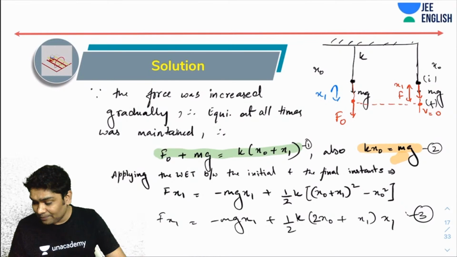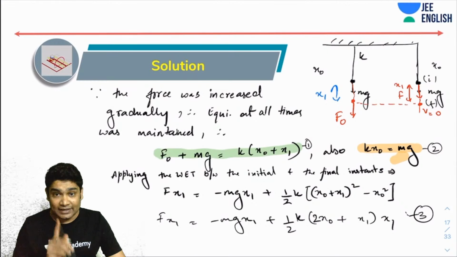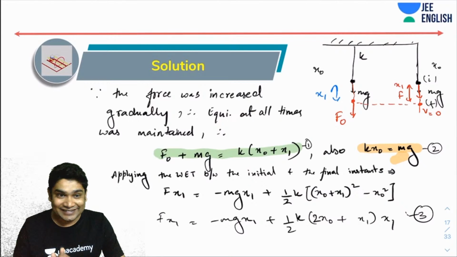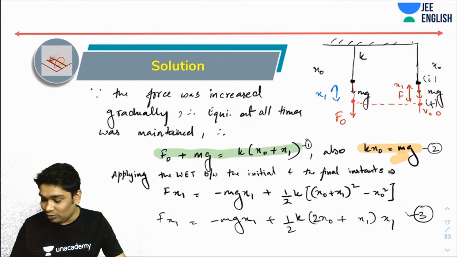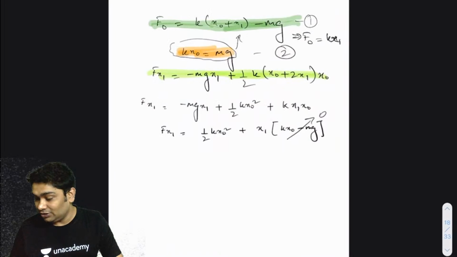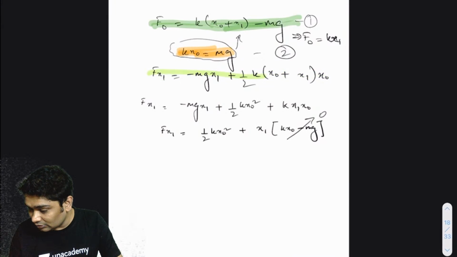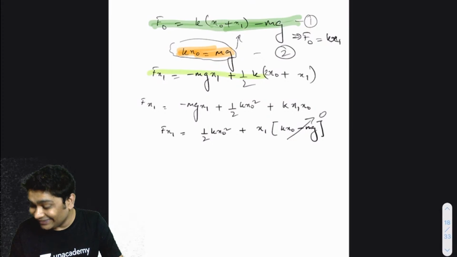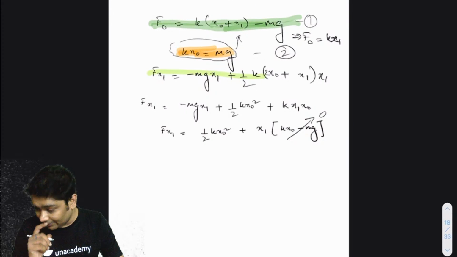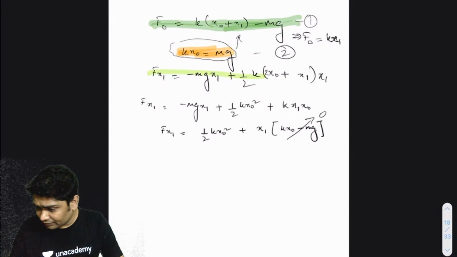So a plus b into a minus b. I just noticed. Yeah, I keep doing that. I will change the subscripts. Let's just correct it. No problem. Thank you for pointing that out. 2 x1.